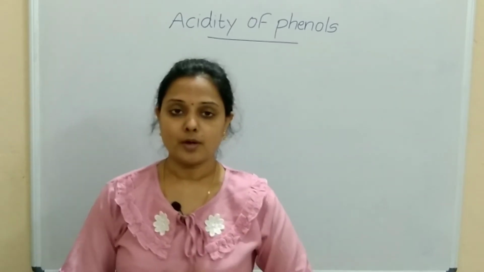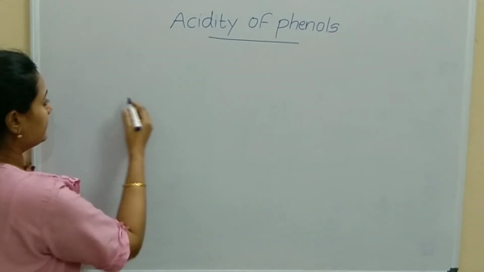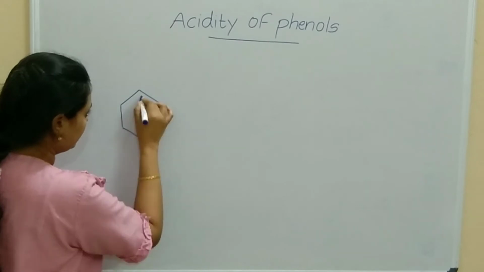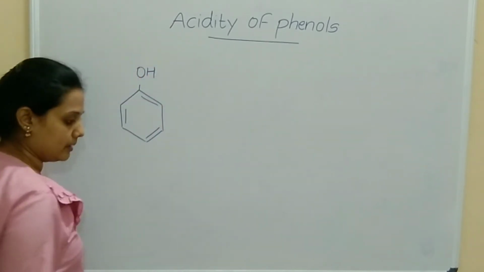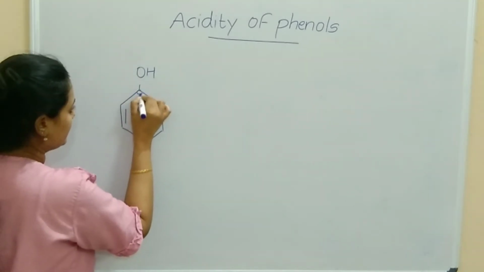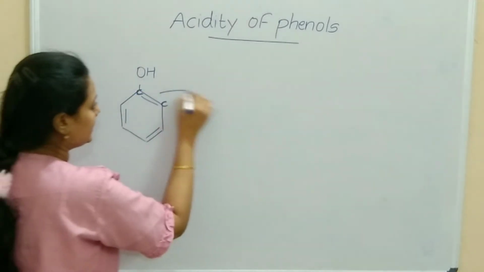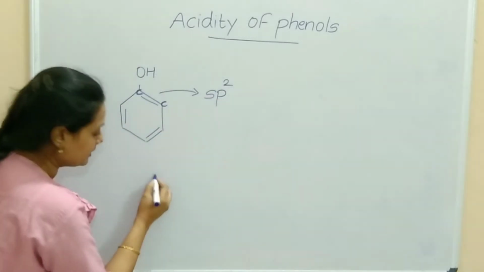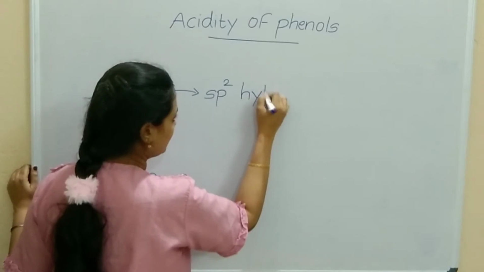Next property, the acidity of phenols. A benzene ring attached to OH is the phenol compound. The carbon to which OH is attached is sp2 hybridized, because there is a double bond between two carbons.